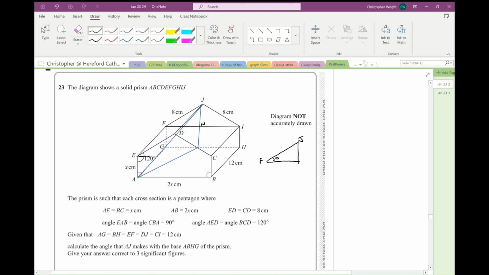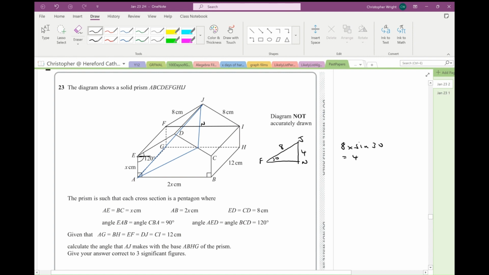And I know that that's 8. So a bit of trig here will tell me that JN is 8 sine 30, which is 4. So that height is 4.